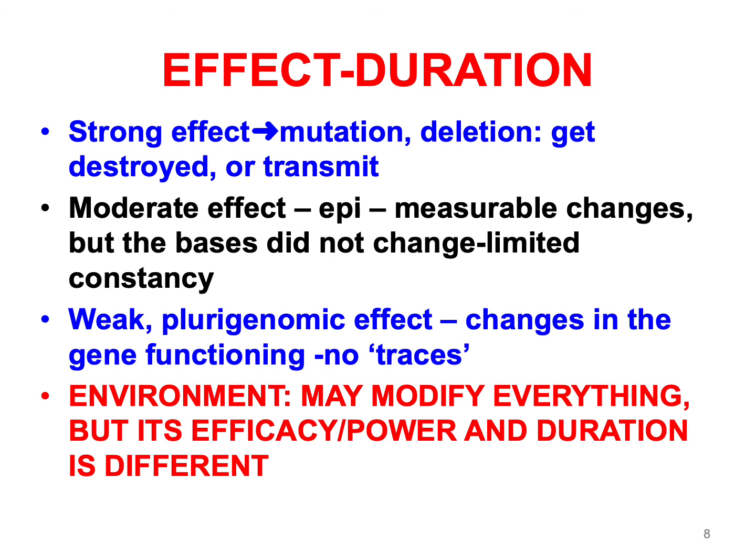If not, it can be transmitted to the next generation. A moderate effect may cause epigenetic changes on the DNA and histone signals, etc. These are measurable changes, but the bases, the nucleotides, did not change.